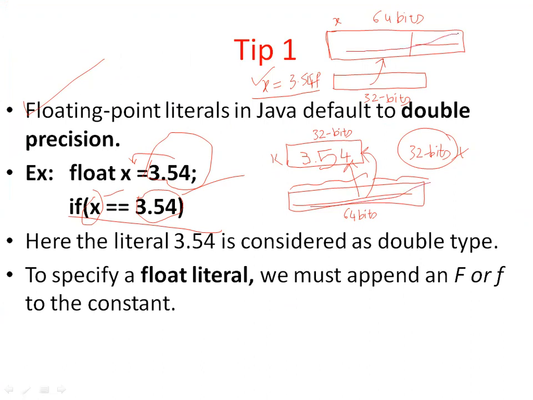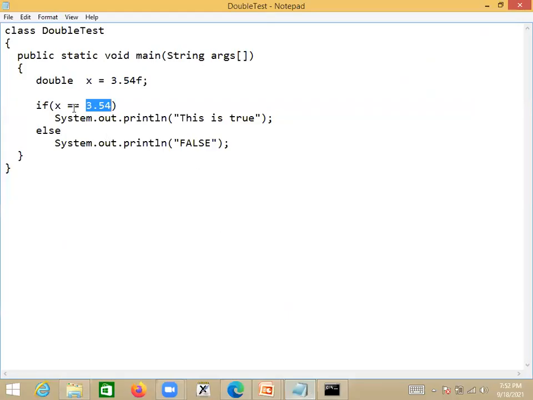No doubt here 64 bits, but only 32 bits are valid. Remaining 32 bits are zeros. So here in these 64 bits, the first 32 bits may be zeros and the second 32 bits may be containing that 3.54. So that's why when you compare, this may not be equal to this. That's why you will get a false condition here. So you will get the output printed as false here.